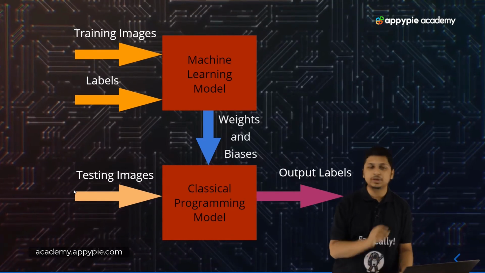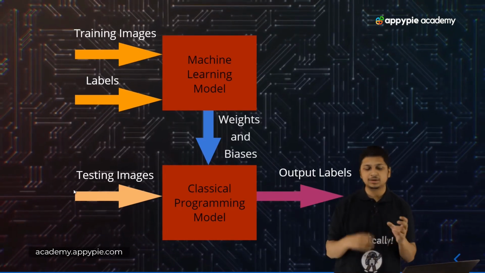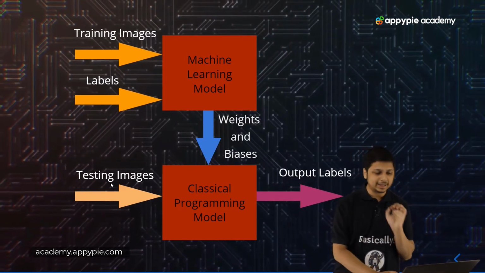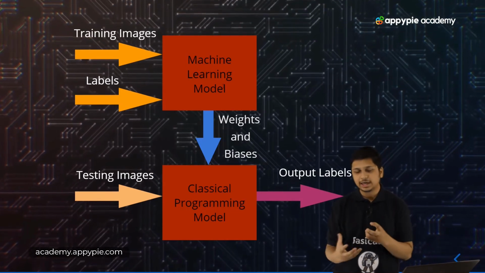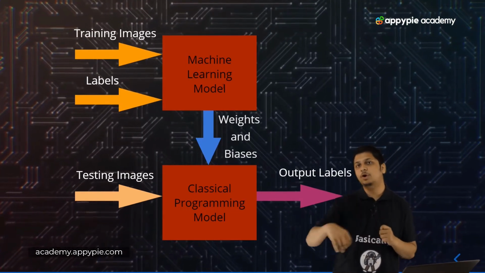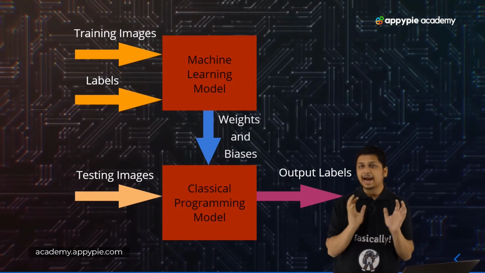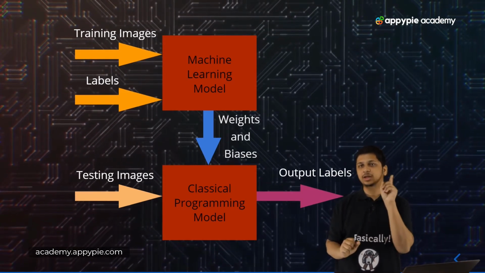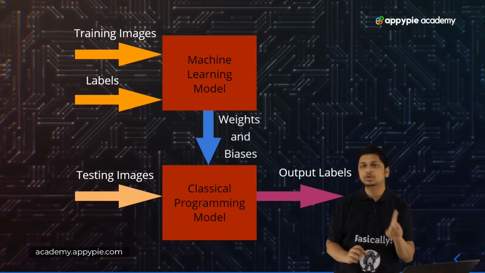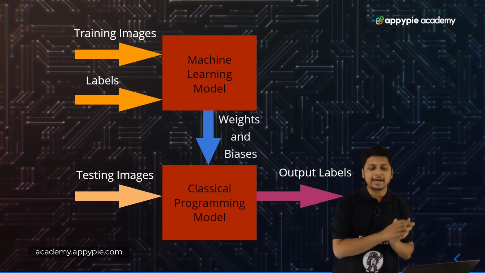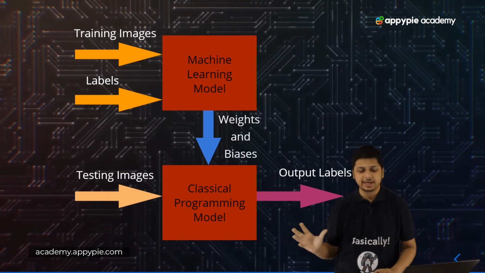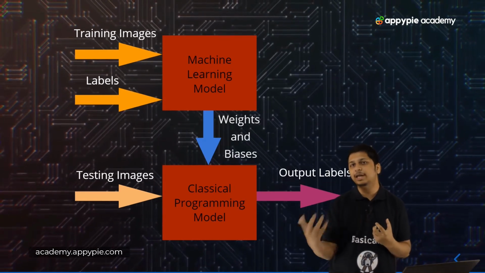We pass some new samples into this classical programming model. Then we also take in the rules which were generated from the machine learning model above, which are the weights and the biases, and we feed these two things, the rules and the input, to the classical programming model. And then at the output stage you get a particular output label.